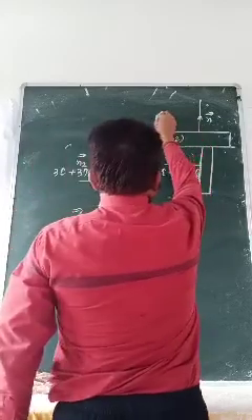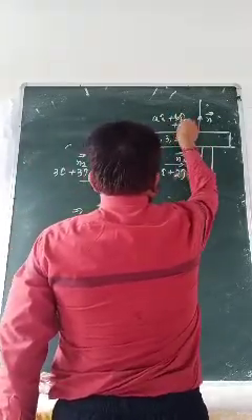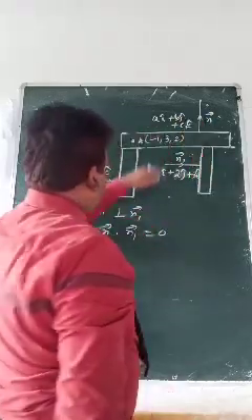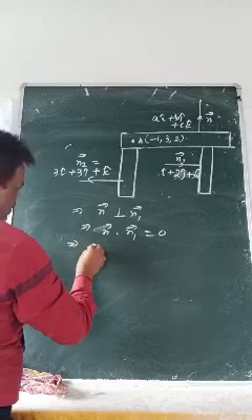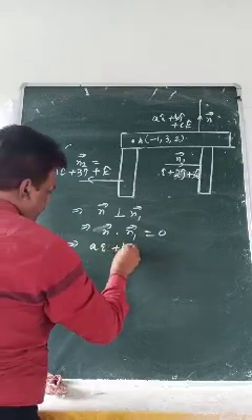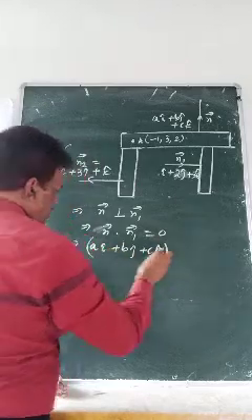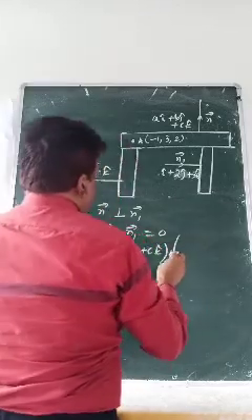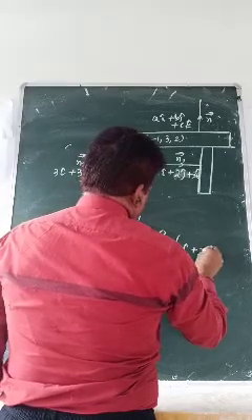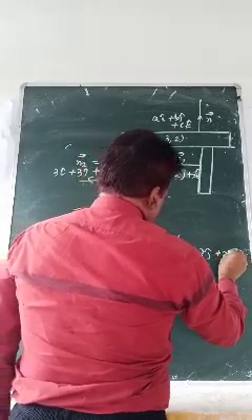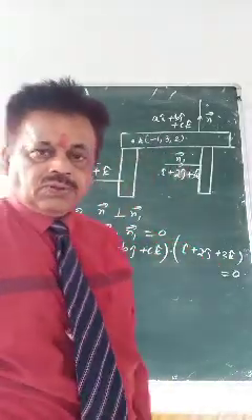What is n? ai plus bj plus ck. Dot product with i plus 2j plus 3k equals 0.